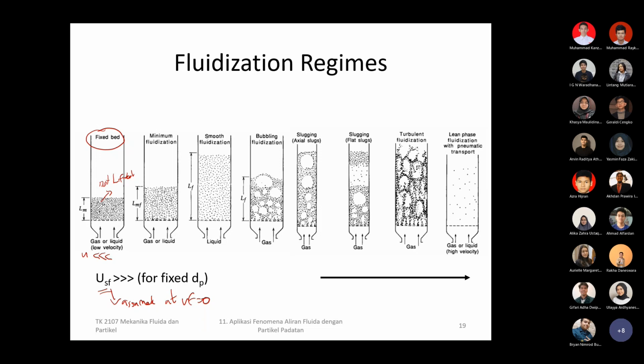The bigger the superficial velocity, the particle starts to be lifted. So this is when U is below UMF. MF is minimum fluidization. This is when U is exactly the same as UMF, the minimum fluidization regime. You can see that it starts to have a space, but it has not completely lifted. Then you keep increasing.